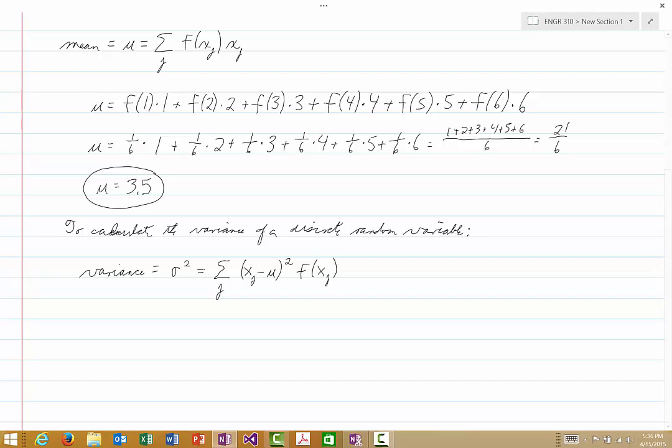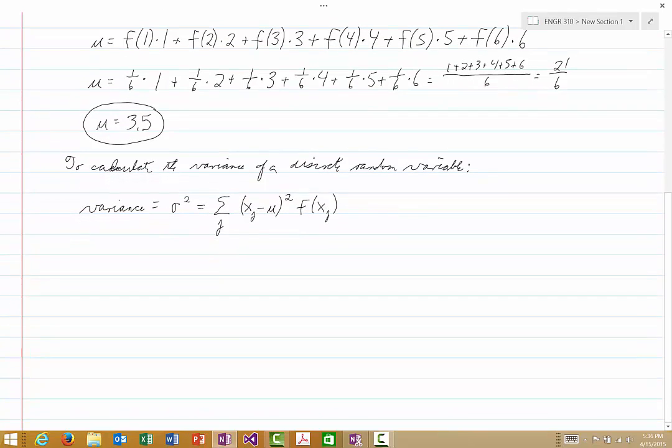So for each value that the random variable can assume, we're going to subtract mu from that value, square what we obtain, and then multiply by the probability that the random variable assumes that value. And we're going to do that for all of the values and add them all up. So in this case, let's see what we would get.